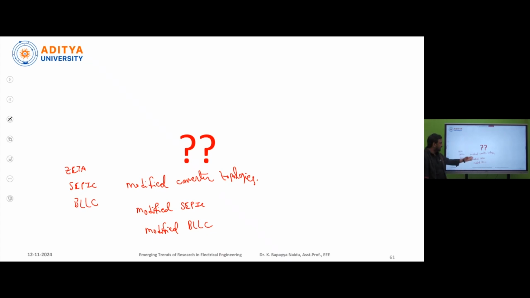The main advantage of these modified converter topologies is that we can reduce the torque ripple along with improved power factor. I hope this class will be useful to gain knowledge on various types of power factor converters and modified power factor converters.